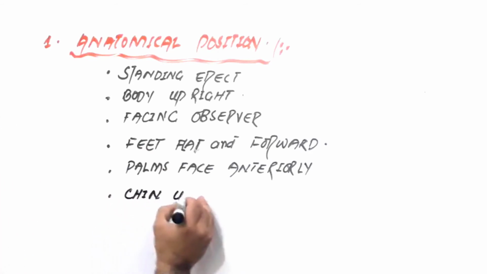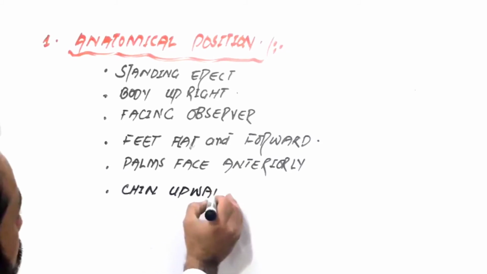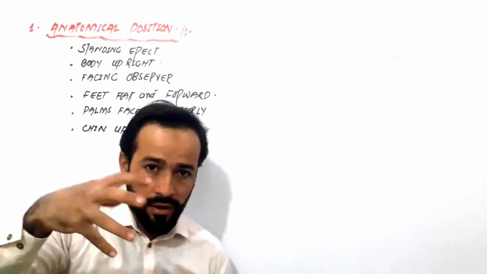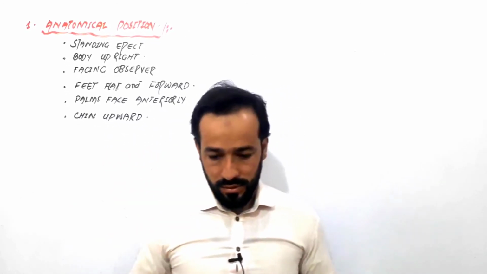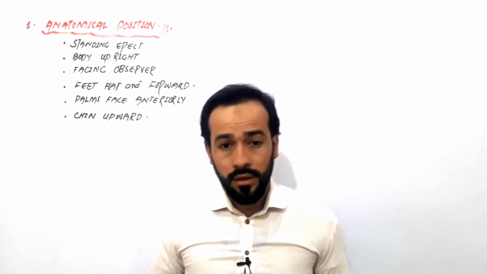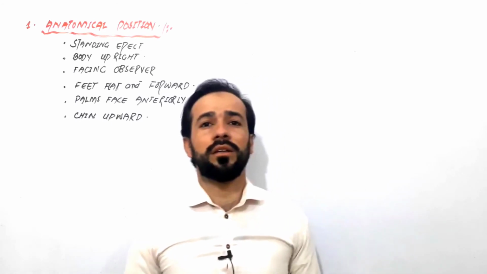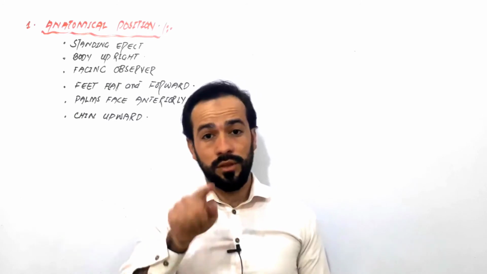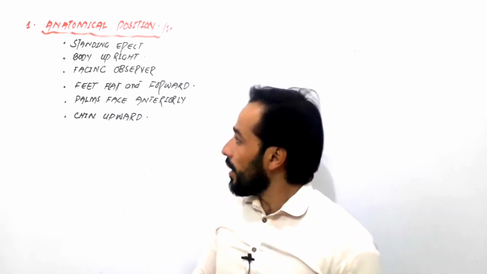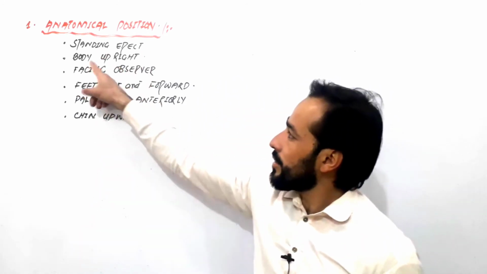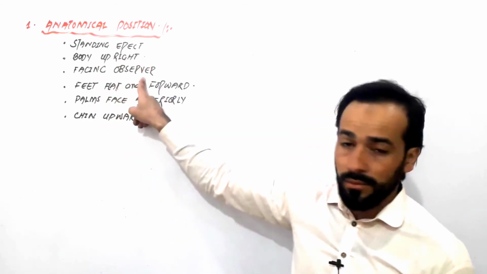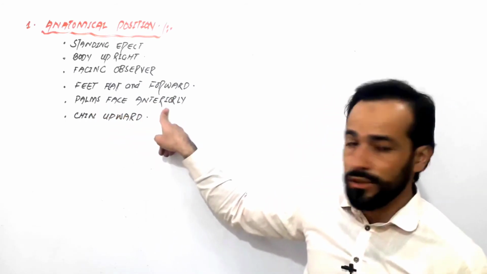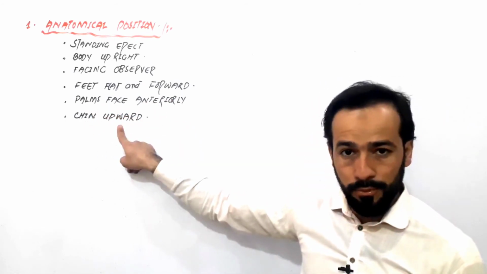Chin upward, not more, a little bit upward. Now I can't show you on the camera how I should stand in the anatomical position, but you should stand like this. The lower parts of the body will be shown in the practical video. So: standing erect, body upright, facing observer, feet flat and forward, palms face anteriorly and chin upward.